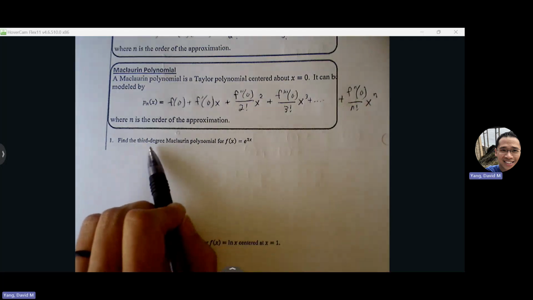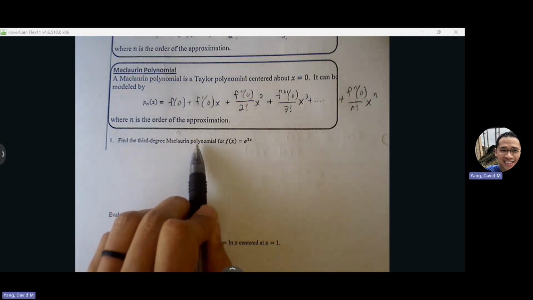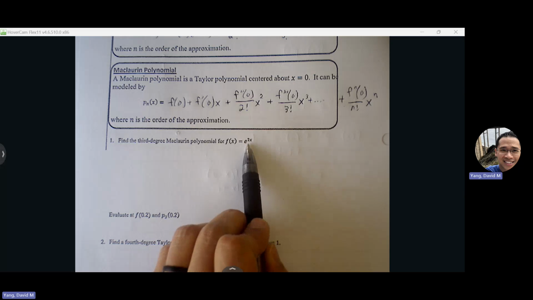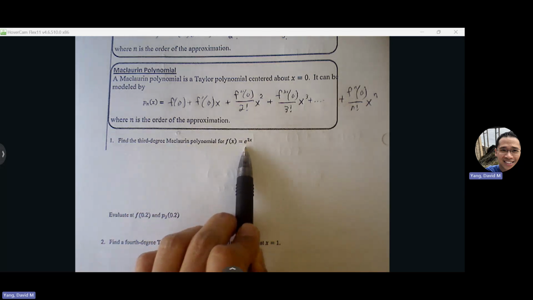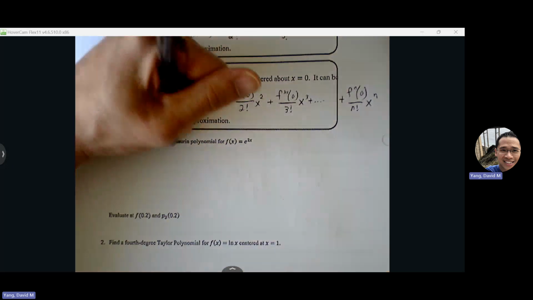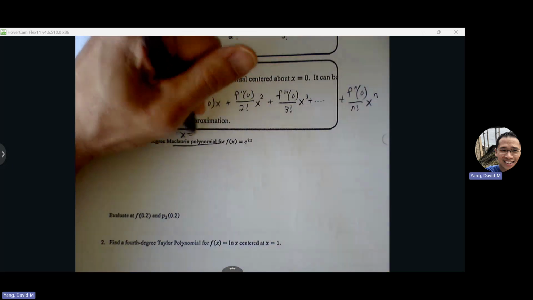So let's do this. We're going to find a third degree Maclaurin polynomial for e to the 2x. So we would like to create a polynomial that's going to match this function's ordered pair, slope, concavity, and the third derivative value. So let's gather all the information. We know Maclaurin polynomial means at x equals 0.